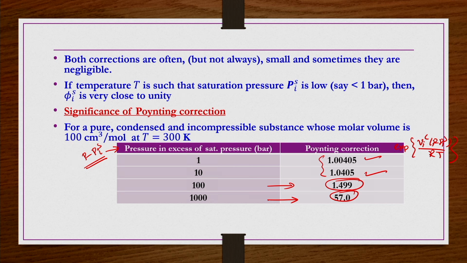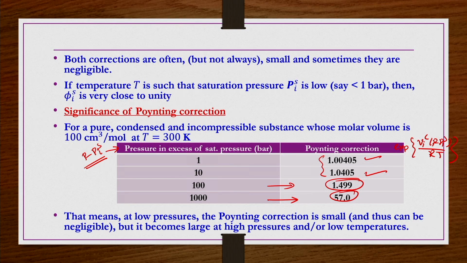So we can say if ΔP is small, less than 10 bar or something like that, then the Poynting correction is very small, and if the pressure difference ΔP is less than 1 bar, then it is almost negligible.